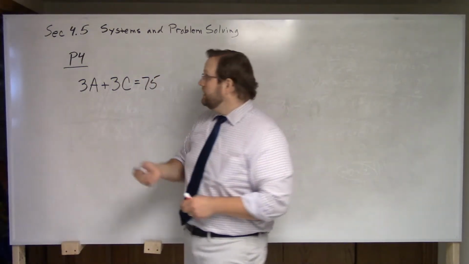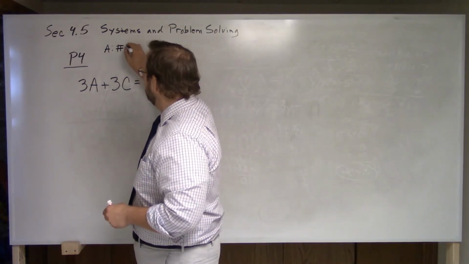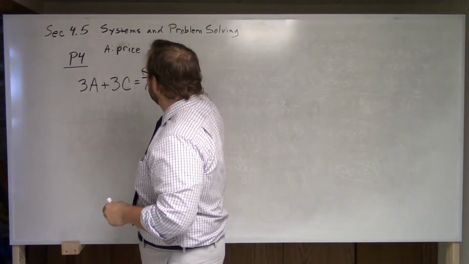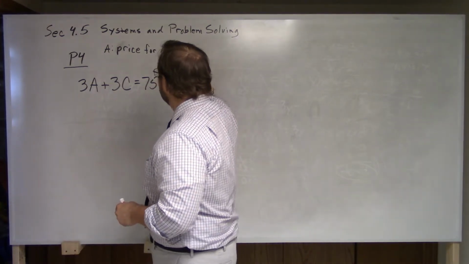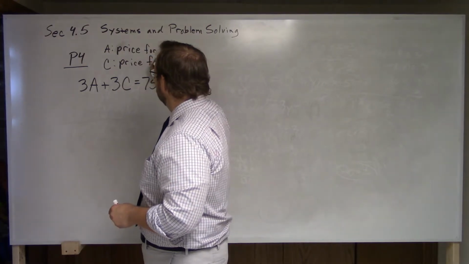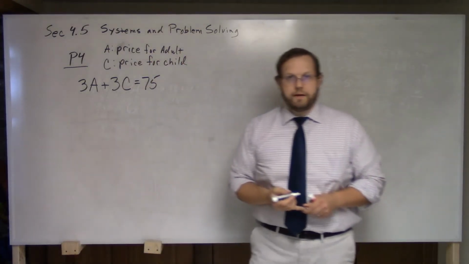Okay? That A represents the price for an adult. And then C is the price for a child. Okay?